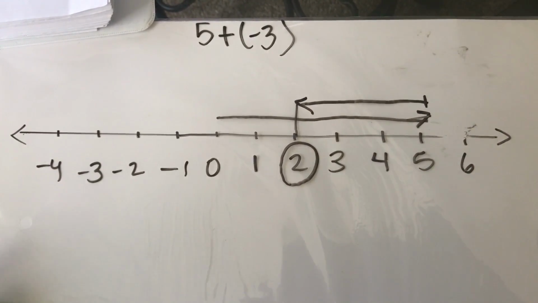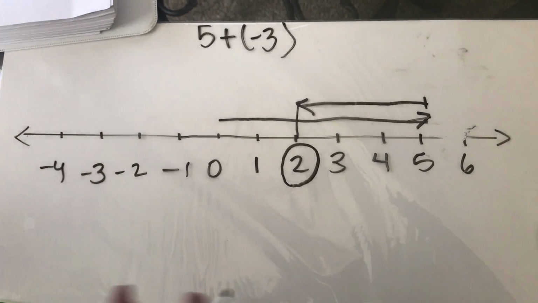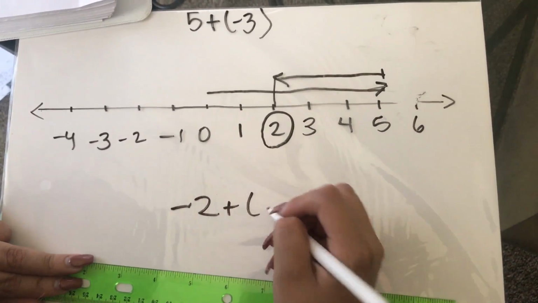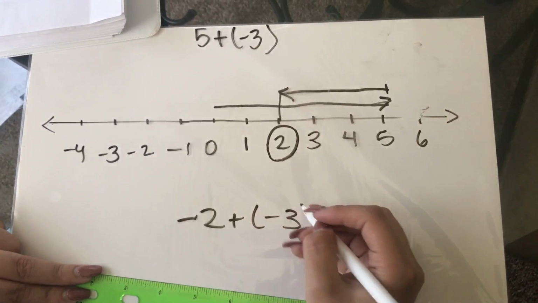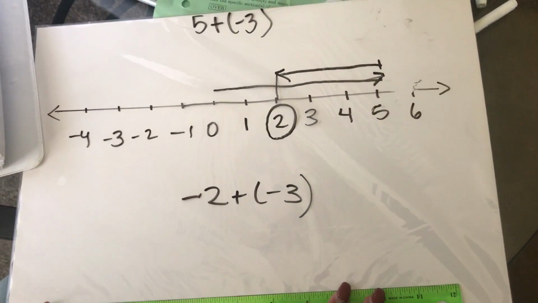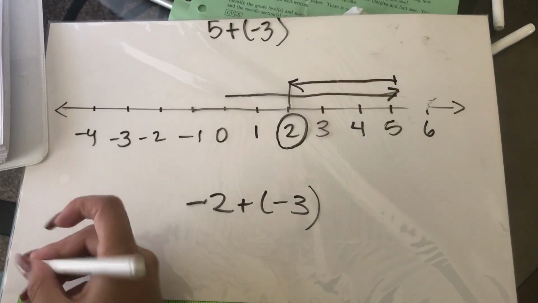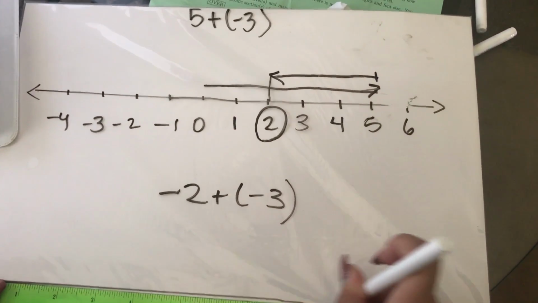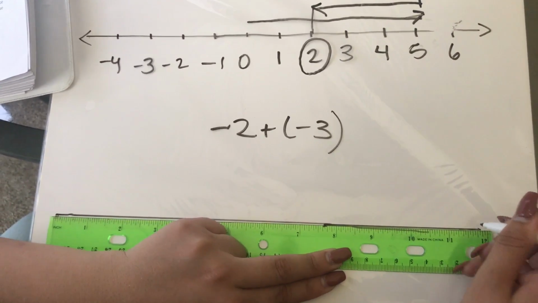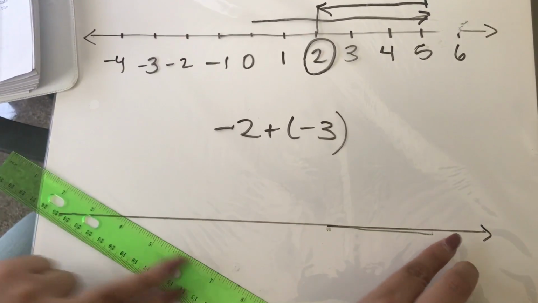And for the next question, -2 plus -3, we are going to make another number line. Excuse my messy number lines.